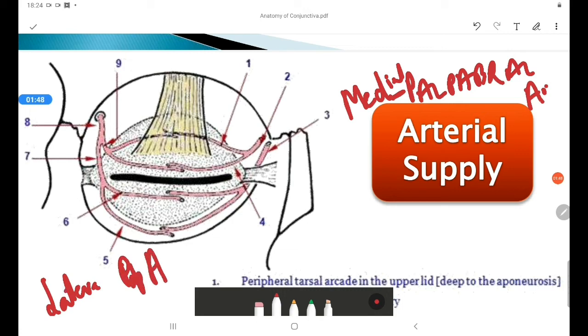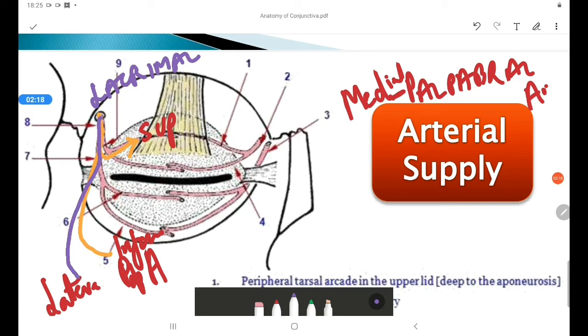Their sources are different. The lateral palpebral artery comes from the lacrimal artery and it divides into superior and inferior. So the source is the lacrimal artery, which gives rise to the lateral palpebral artery.